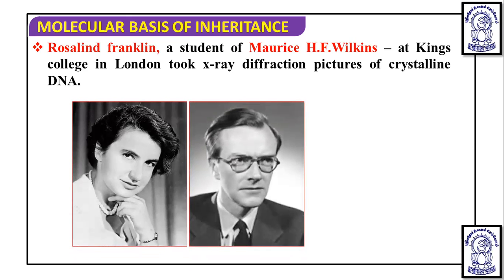It was suggested that the structure of DNA was a sort of helix with 3.4 Angstrom periodicity, but they had not proposed a definitive model of DNA. That DNA is somewhat helical in nature was suggested by Rosalind Franklin and Maurice Wilkins, but they had not proposed a definitive model.